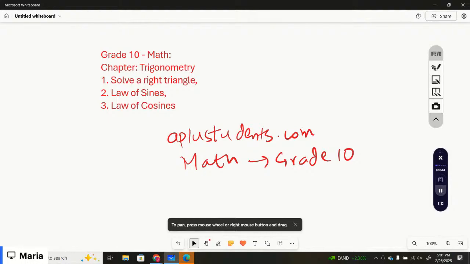We're going to start with the chapter Trigonometry. The lessons we're going to cover today are solve a right triangle, law of sines, and law of cosines.